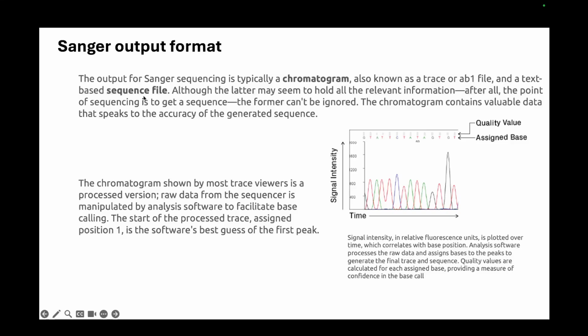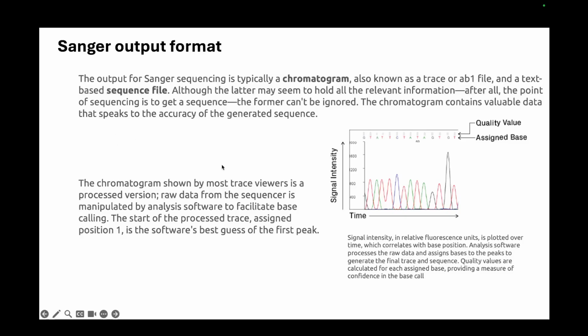So the output of the Sanger sequencing is typically a chromatogram, also known as a trace, and basically a text-based sequence file. Although it may seem to hold all relevant information, after all, the point of sequencing is to get the sequence, converting the chromatogram to the text-based sequence file is something that is done by the base callers.